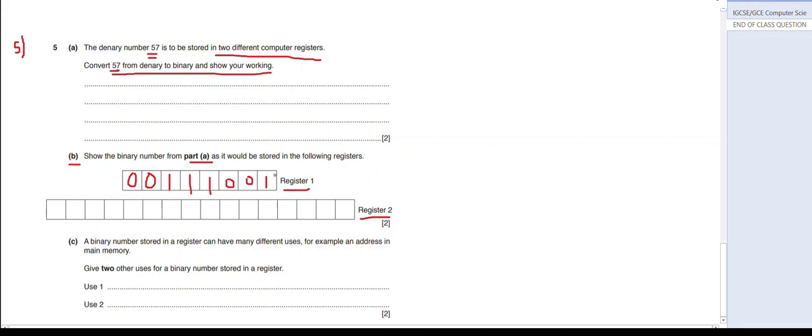Now copy this from the 8-bit register. For example, if this is 1 2 3 4 5 6 7 8 and then 1 2 3 4 5 6 7 8, this side has 8 bits and this side has 8 bits. In this register we showed 57 in an 8-bit register. This will be copied in the right side of the 16-bit register.